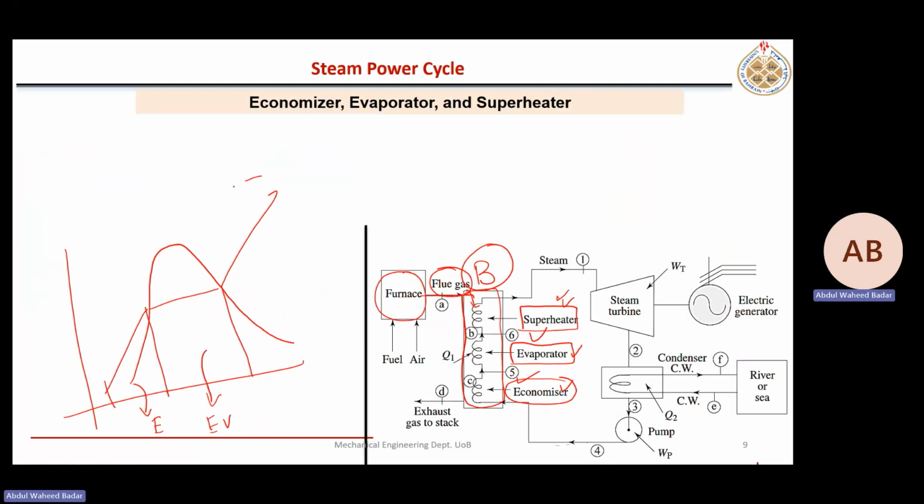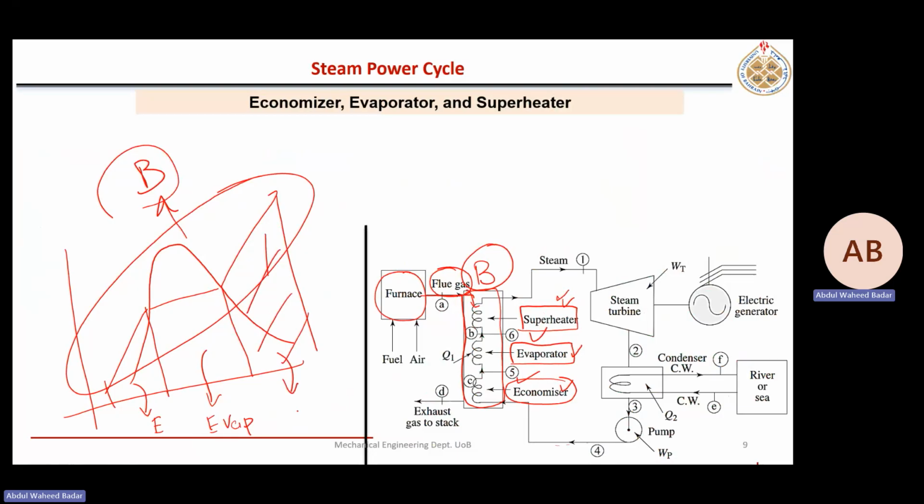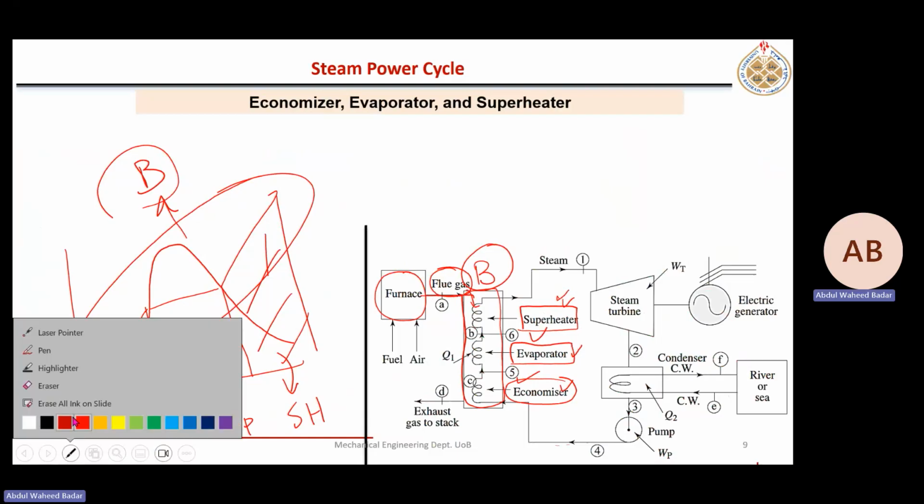But we use the term boiler overall for this entire process. So that's why we are calling it evaporator, if I want to say boiler for this whole thing. And the area under this curve is representing superheating. Okay.